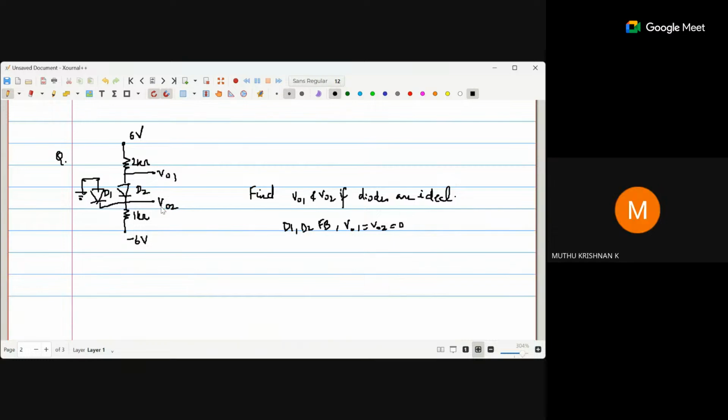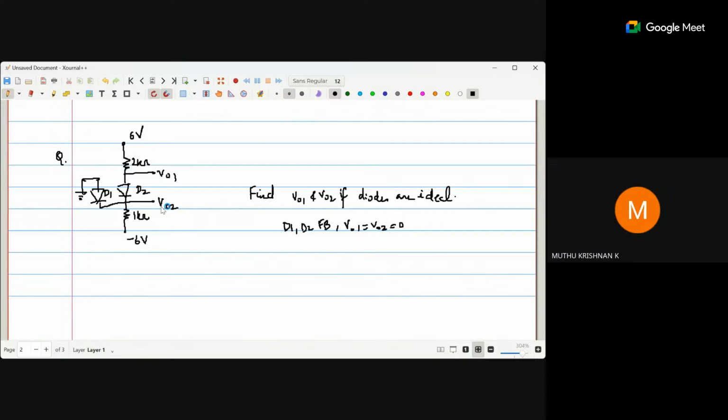Ma'am? Yes. Ma'am, I do think VO1 and VO2 will be equal to -2. No. What did you get for the status of the diodes? Yes, ma'am. I think D1 will be in off condition. Okay.